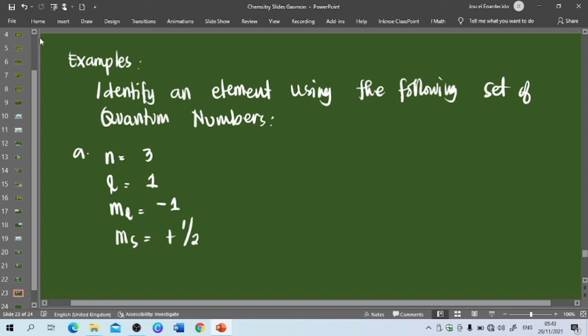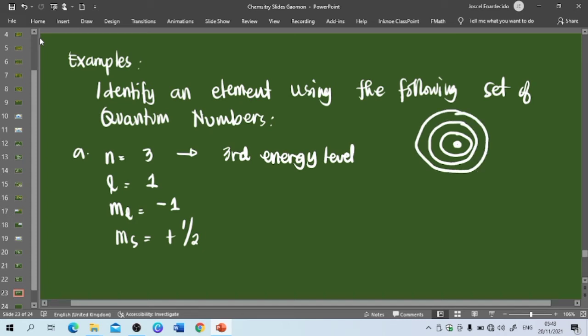Well, the element is in the third energy level. Meaning to say, if we draw a model of an atom, the outermost electron is found in the third energy level. So this is what we call n equals 3.